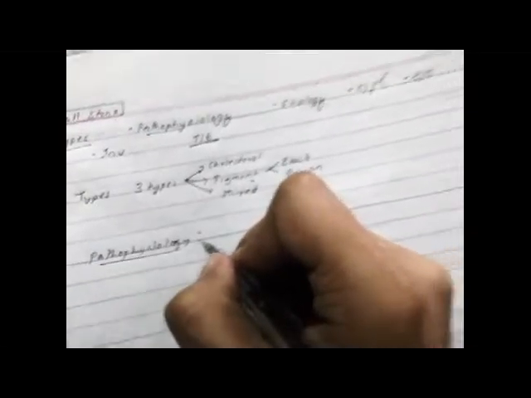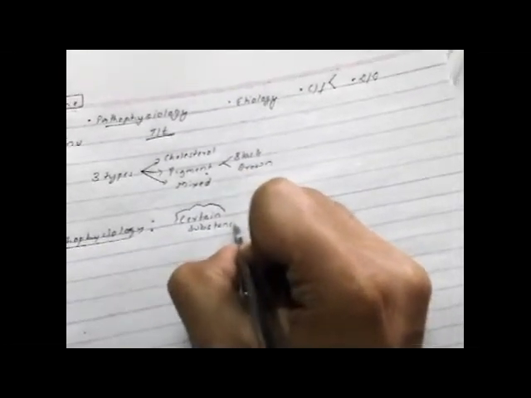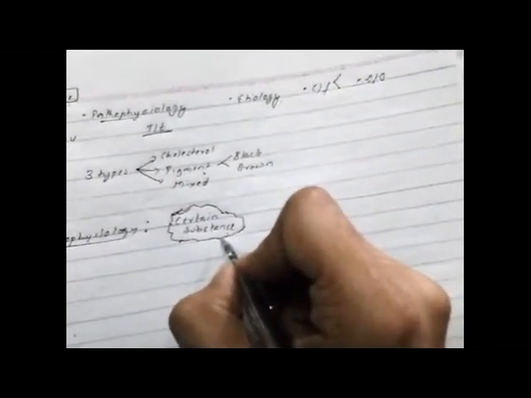A stone is formed because there is a certain substance in the bile which is prone to form a stone when the concentration of this substance is more than its solubility in the bile, and then it becomes supersaturated.